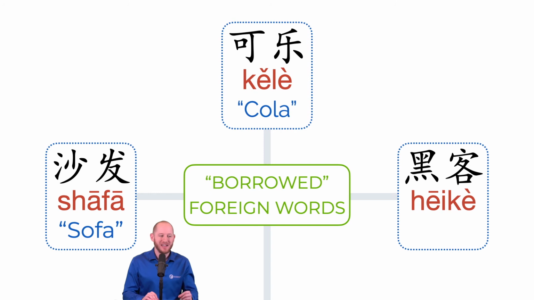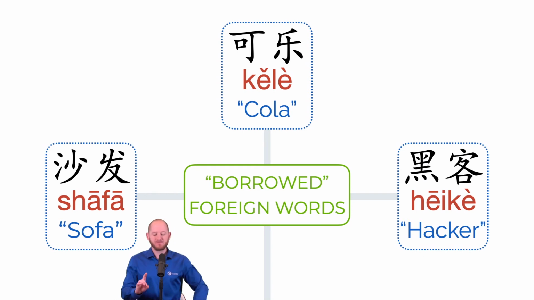Now, this is a good one. 黑客, 黑客. So if you listen to this, you can understand why it might mean hacker. But this is actually both, because usually I would say, okay, you need the two characters, they lost their original meaning. But in this case, they actually kind of kept their original meaning, because 黑 in this context means black or dark, and then 客 means guest. But guest can also have this connotation with software.